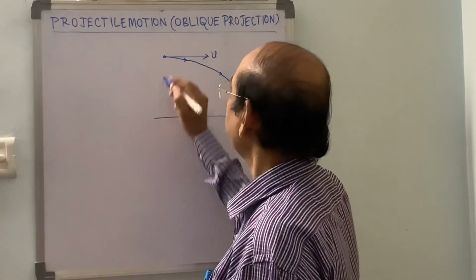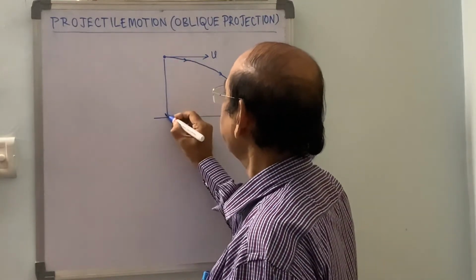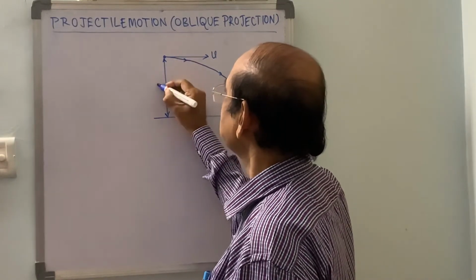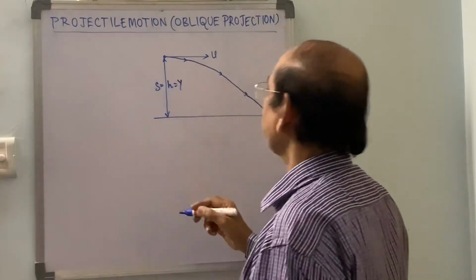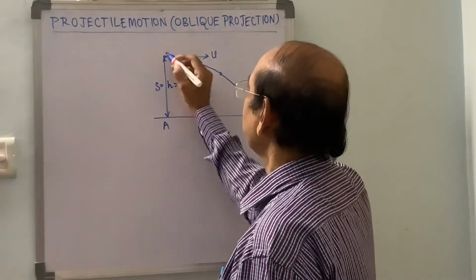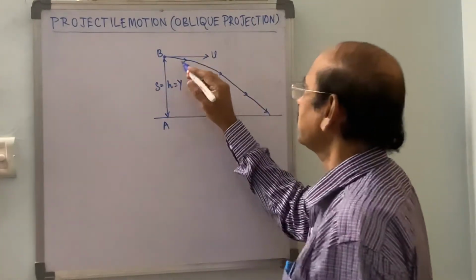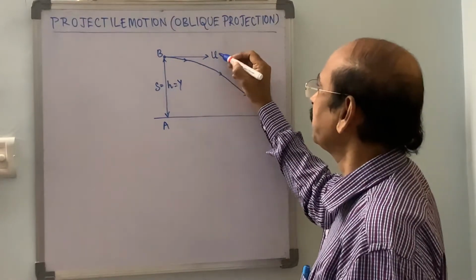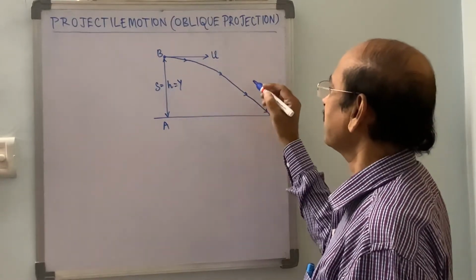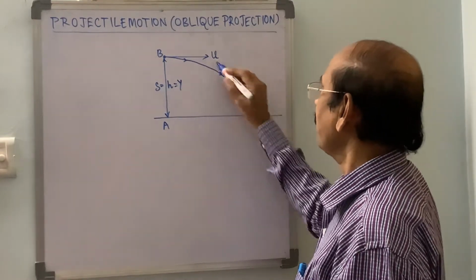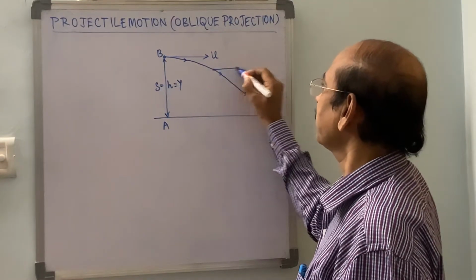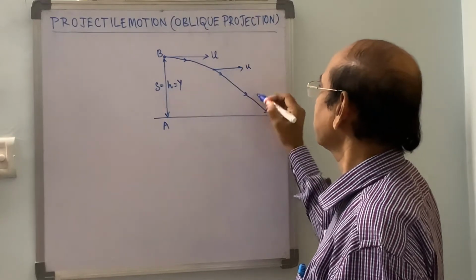So when a body at height h is projected horizontally with initial velocity u in the horizontal direction, then it travels with the velocity u at any point.